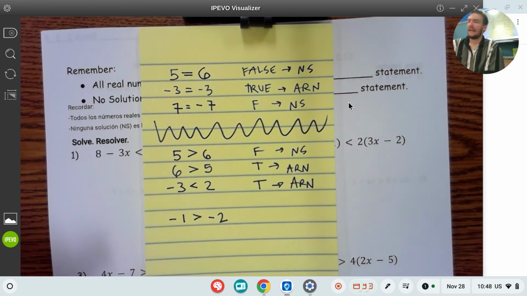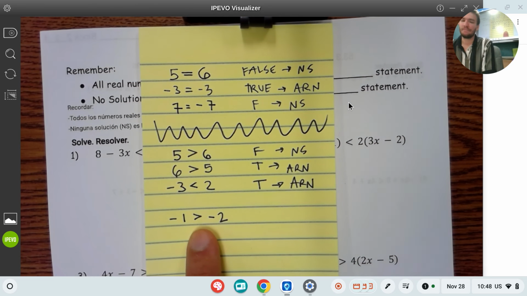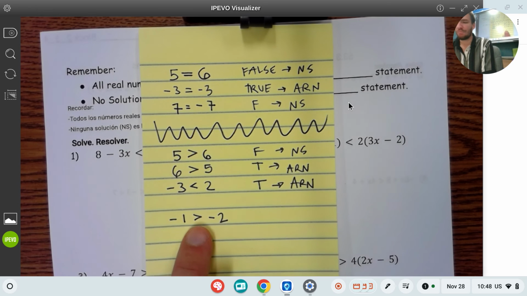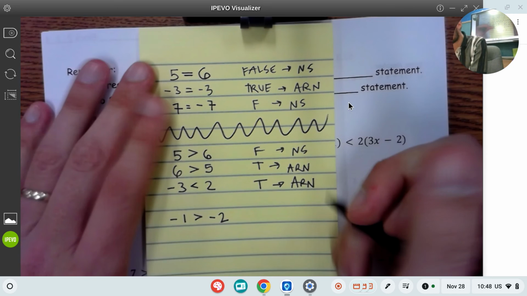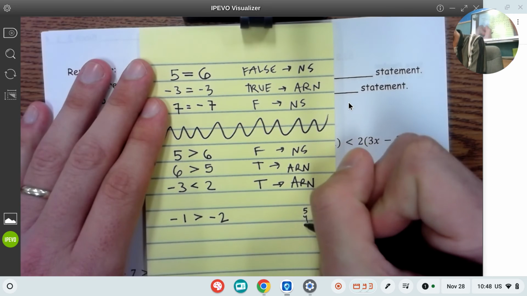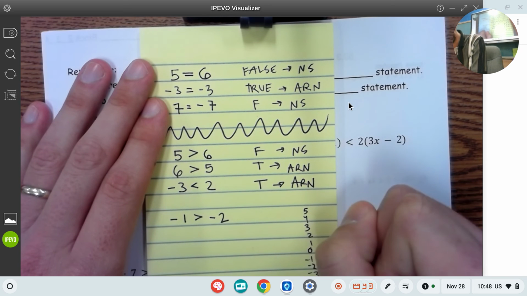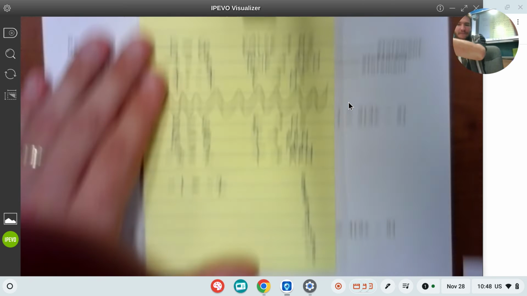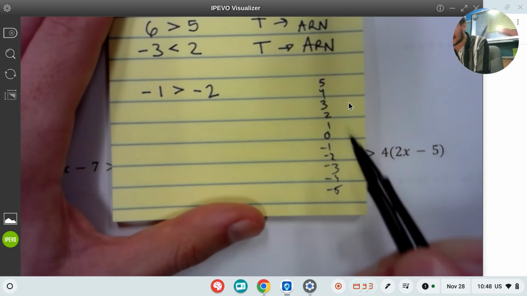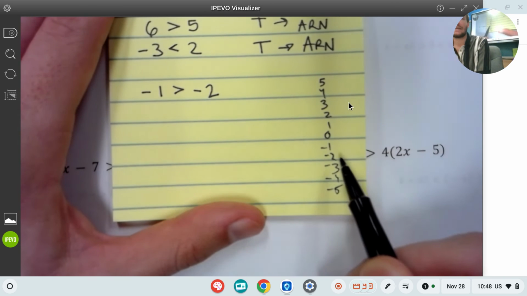If you think about these negative numbers, we typically think that 1 is smaller than 2. But if we have both negatives, if I make a little number line here, 5, 4, 3, 2, 1, 0, -1, -2, -3, -4, -5, whatever, -1 is actually bigger than -2.